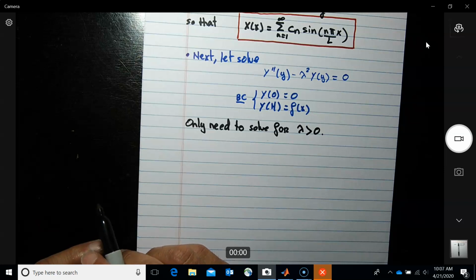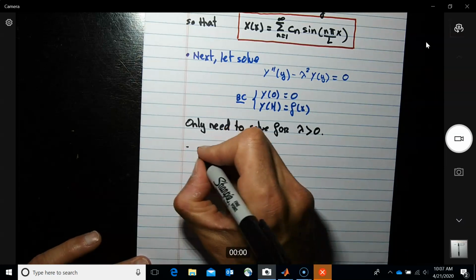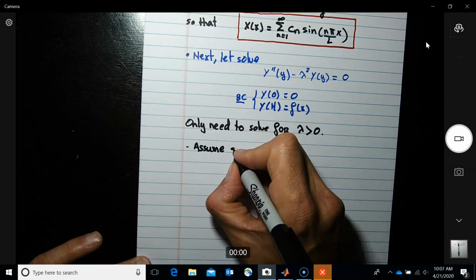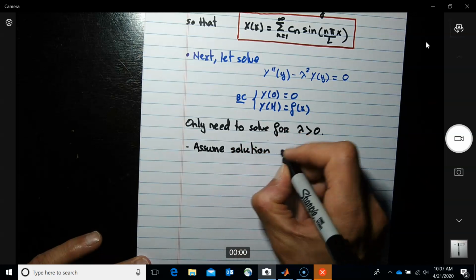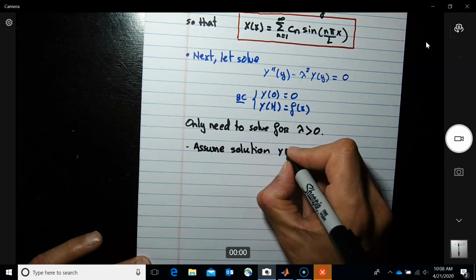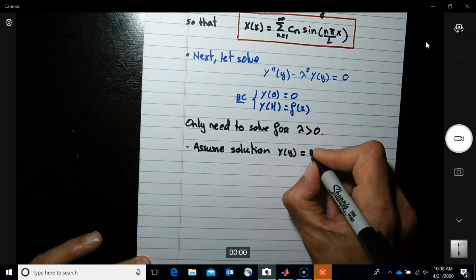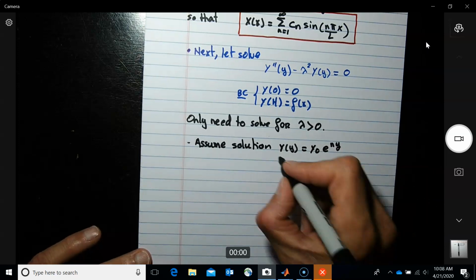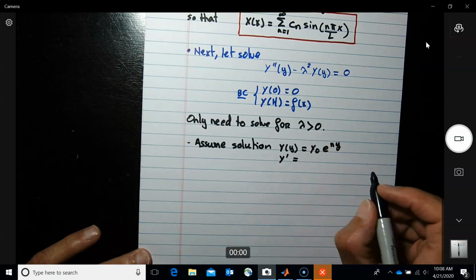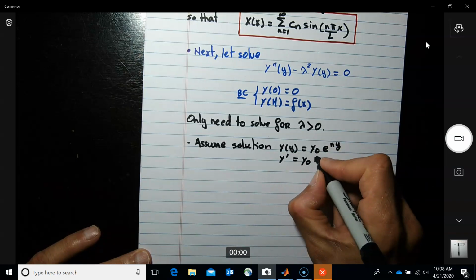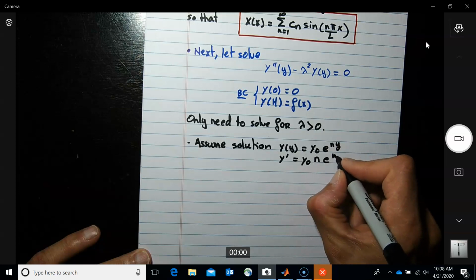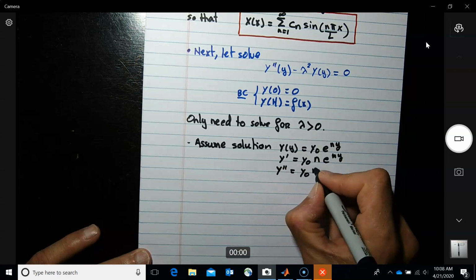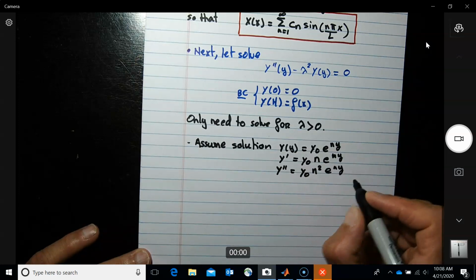Okay, so again, same procedure: assume the solution to be of the form y of y equal to y naught e^(ny). So y prime would be equal to y naught n e^(ny). Y double prime will be equal to y naught n squared e^(ny).